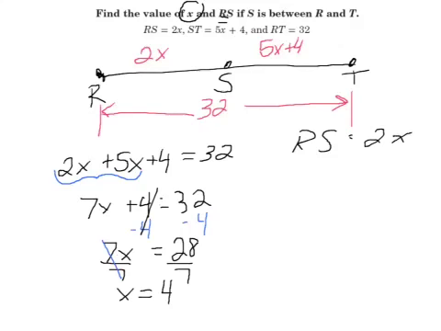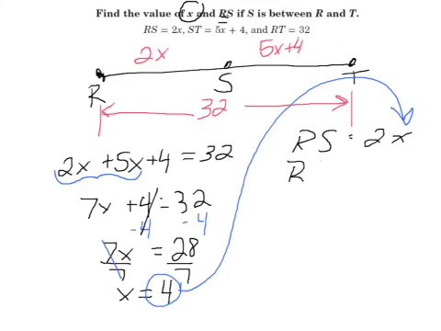What I'm going to do is take that 4 and plug it in where the x is. So in other words, RS is equal to 2 times 4. RS is equal to 8.